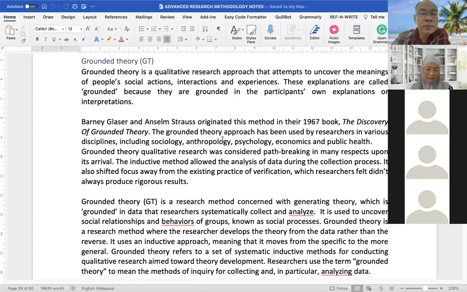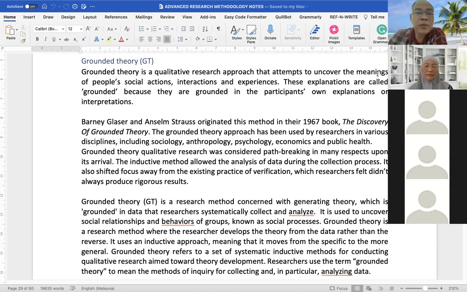Okay. Grounded theory is a research method concerned with generating theory. So the purpose of using grounded theory is to generate theory, okay, which is grounded in that the researchers systematically collect and analyze the data, and then from the data, the researchers form the theory.